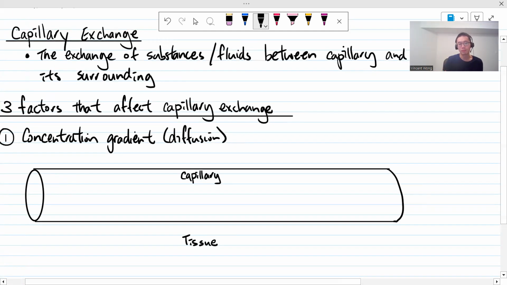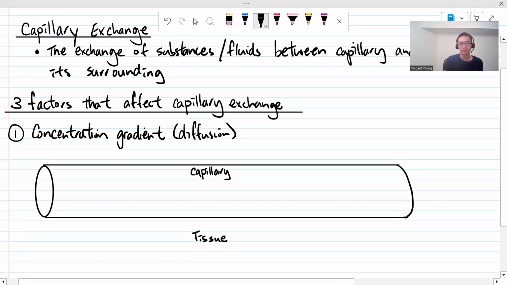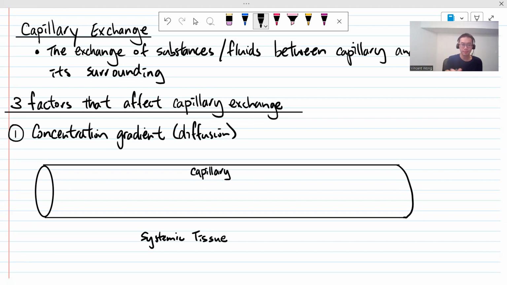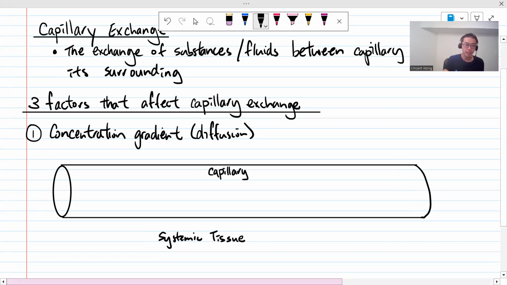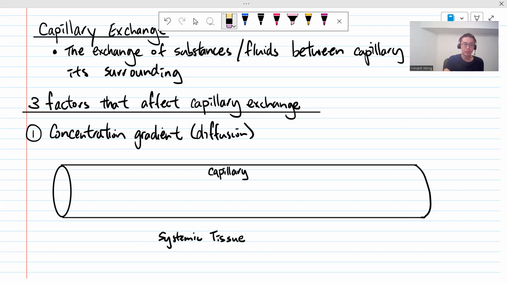Okay. Systemic tissue, we can say, like bodily tissue, right? I mean, we can do it in the lungs as well, but let's say it's systemic tissue, like the liver, maybe it's the muscle, doesn't really matter. It's just the surrounding, okay? Now, one side of the capillary is going to be connected to an arterial, right? So this is arterial side.